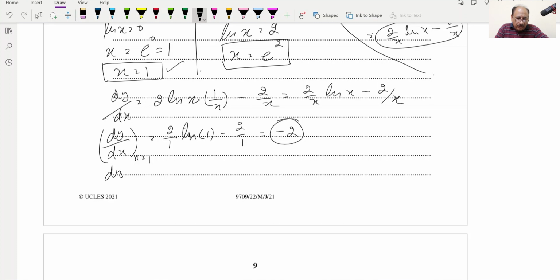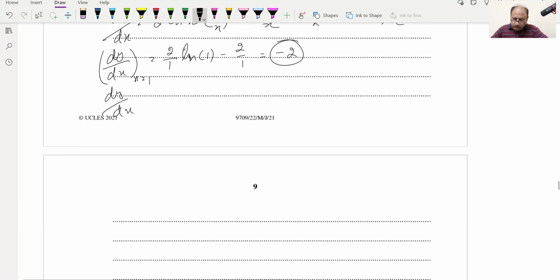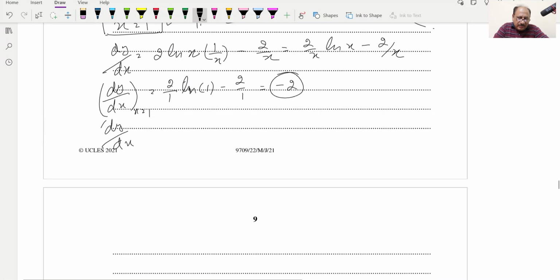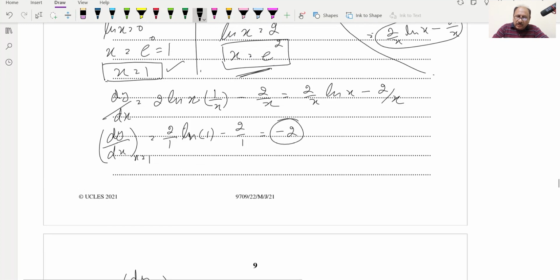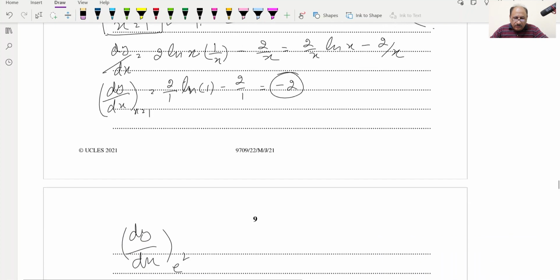And if we check for the derivative dy over dx at e raised to the power 2, which we have as the second value over here, and we are replacing this in the derivative. So this will be 2 over e raised to power 2 log e raised to the power 2 minus 2 over e raised to power 2.